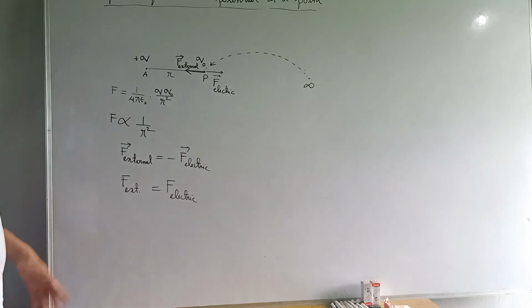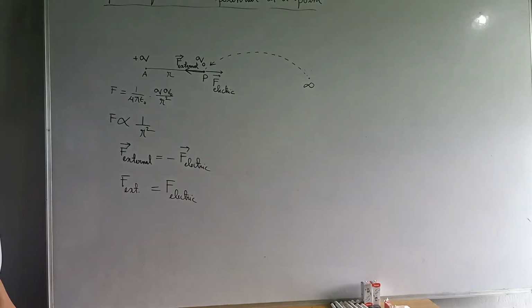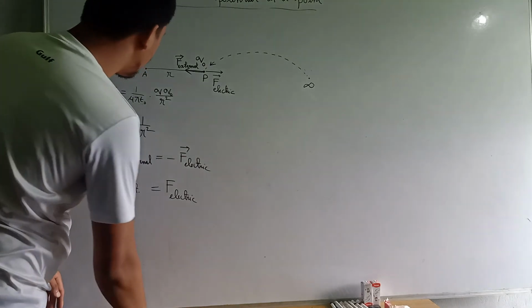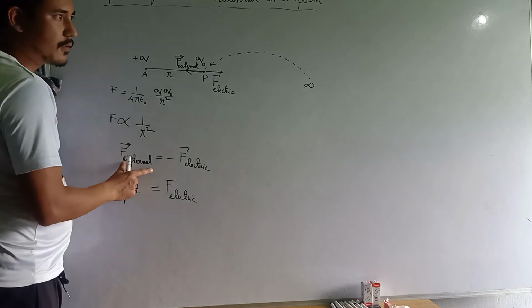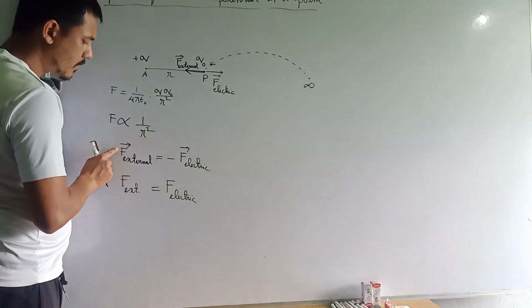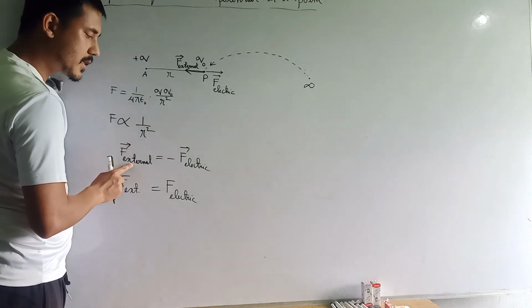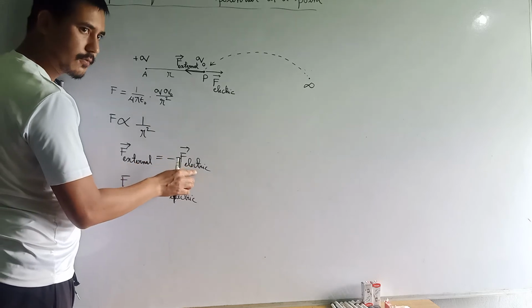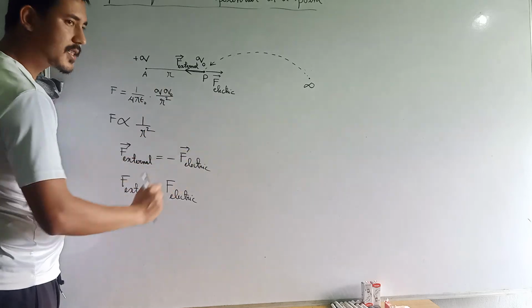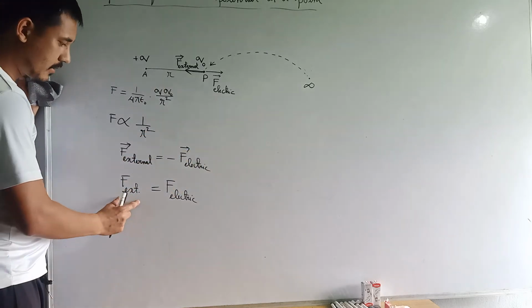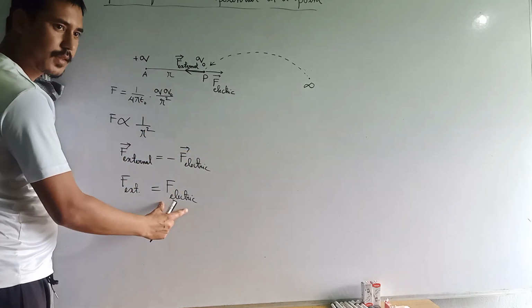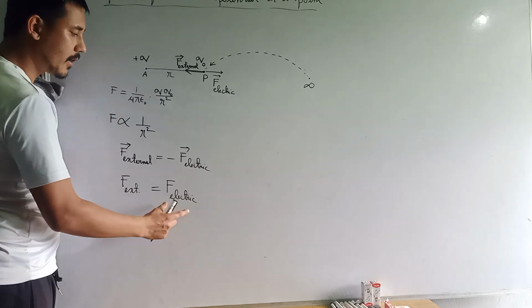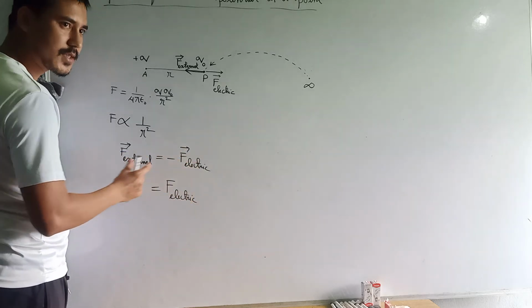Got it? That was the mistake I did before. If you take it in vector form, then the external force applied will be equal and opposite to the electric force. But if you only consider the magnitude, then the magnitudes are equal. Is it okay? Yes, in magnitude they are equal, but in direction they are opposite.